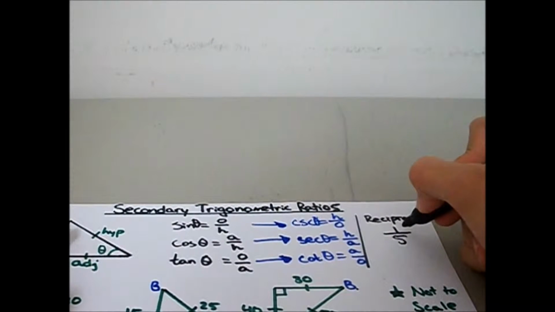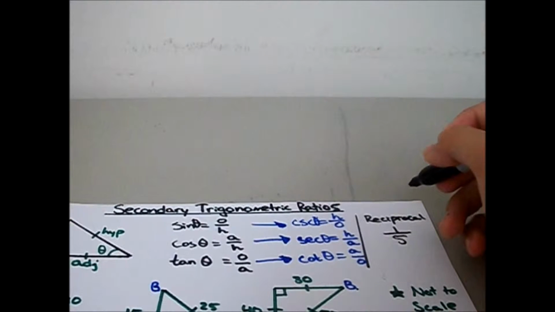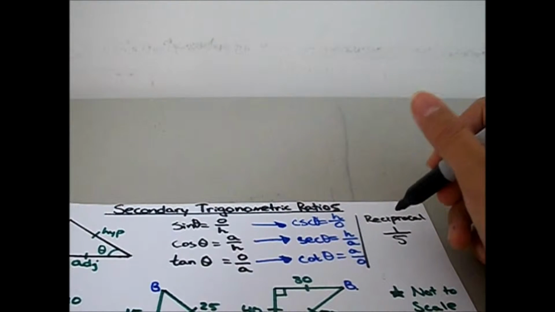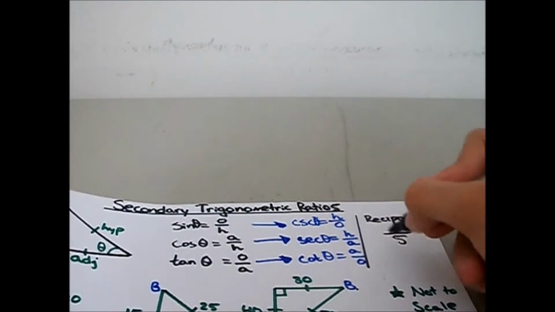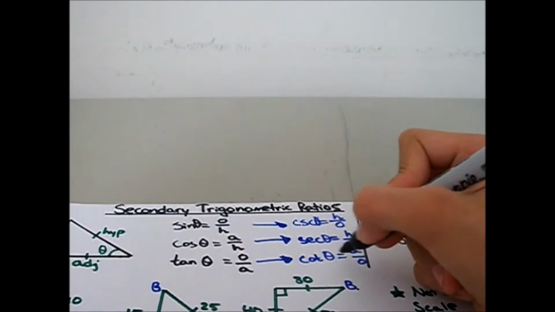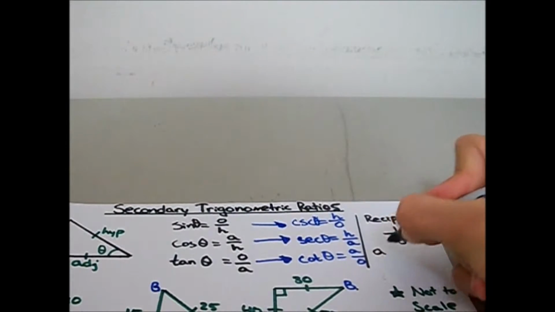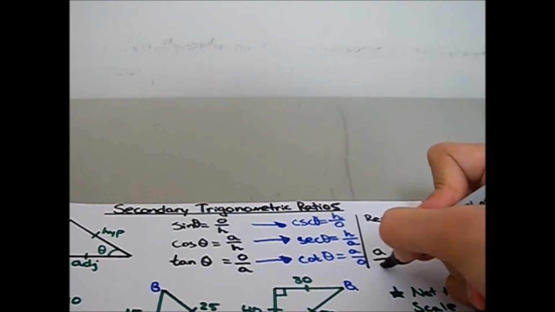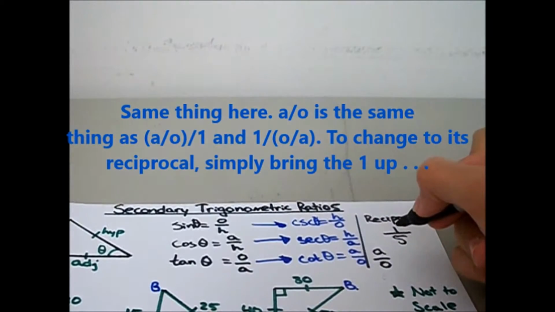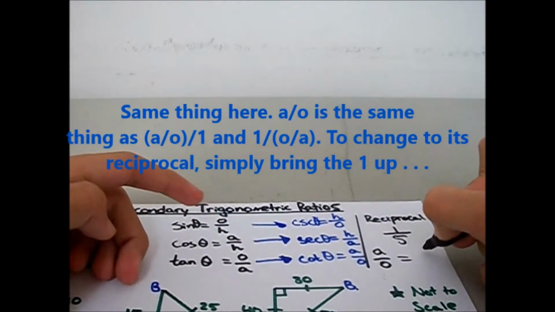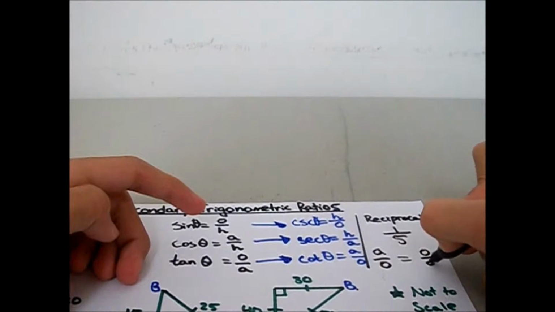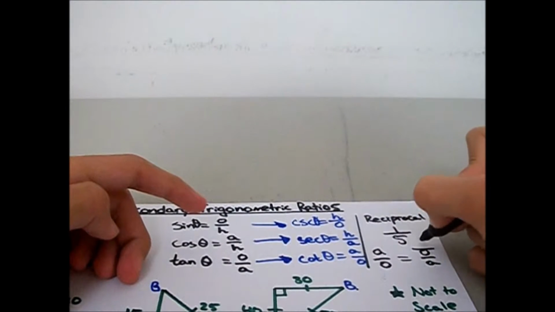So the numerator becomes the denominator. 5 was the numerator and now it's the denominator. Another example is cotangent, which is equal to adjacent divided by opposite, which is the same thing as 1 over opposite over adjacent.